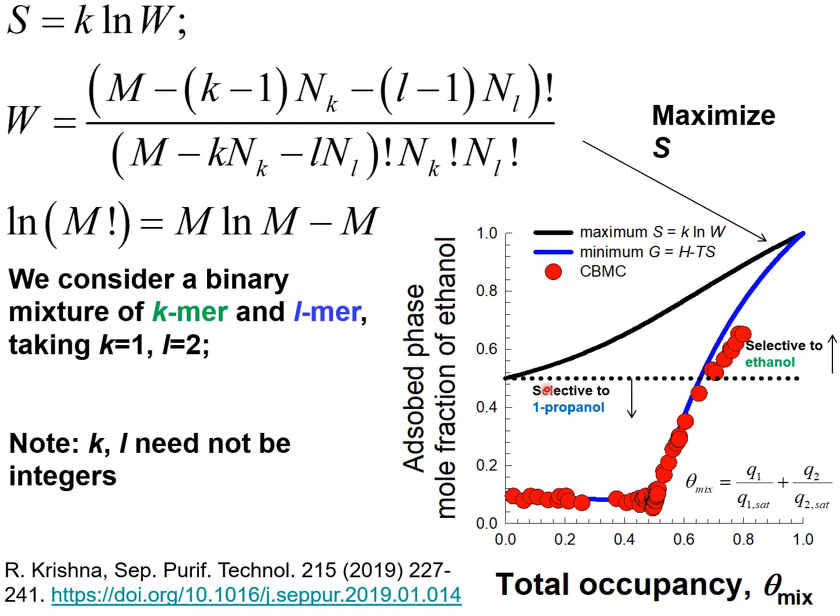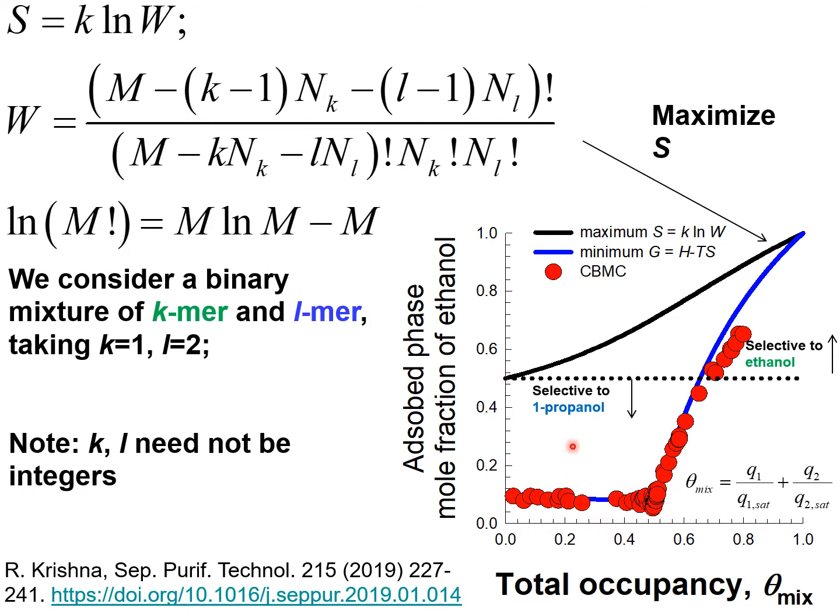It's interesting to note that at 0 total occupancy, the adsorbed phase mole fraction is 0.5. In other words, for maximizing entropy, there is no preference between ethanol and 1-propanol.